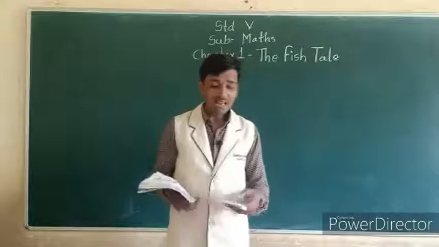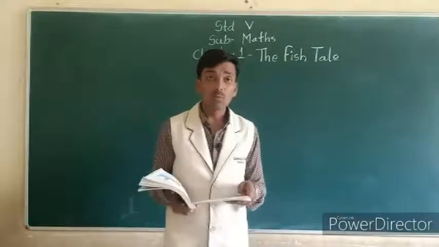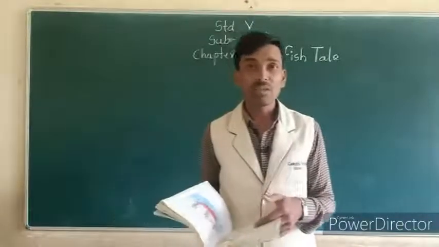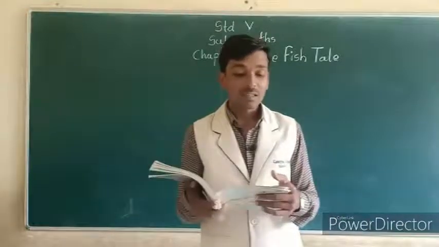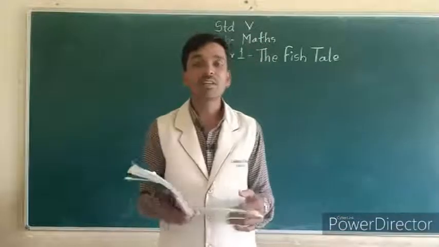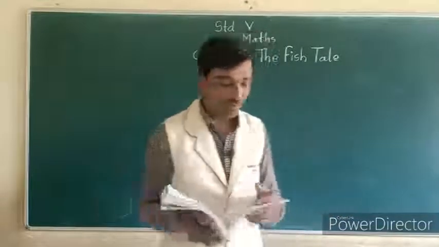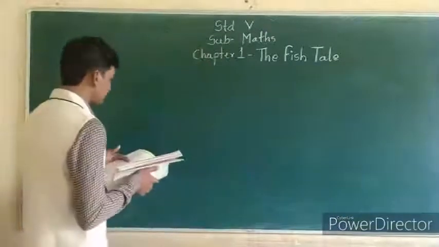Bashir has Rs 100. He spent 1/4. In that 100 rupees, 1/4 he can spend on squid and 3/4 on prawns. First of all, we can find this and then we can go for the next questions.